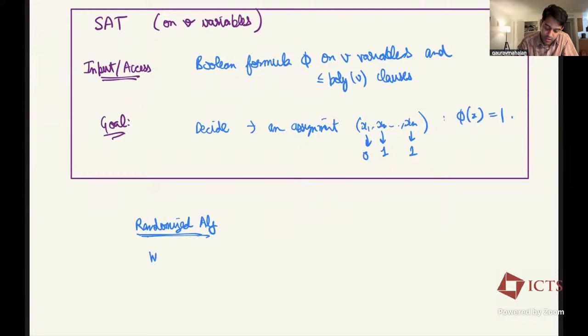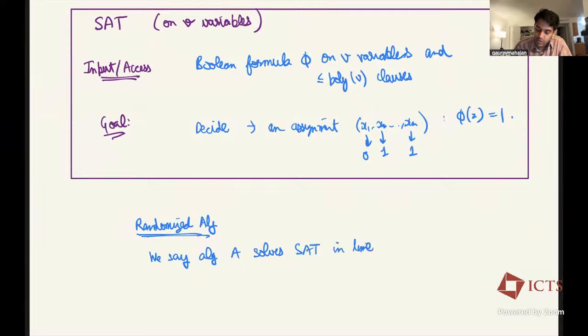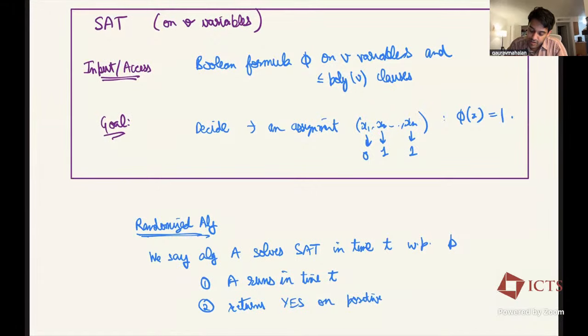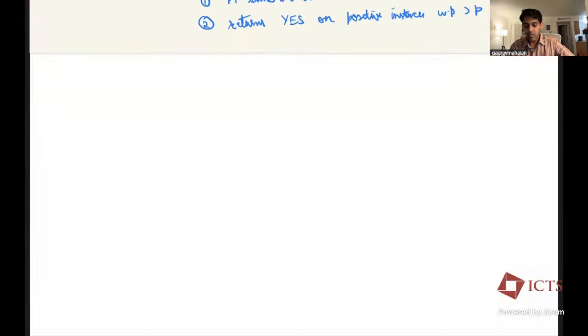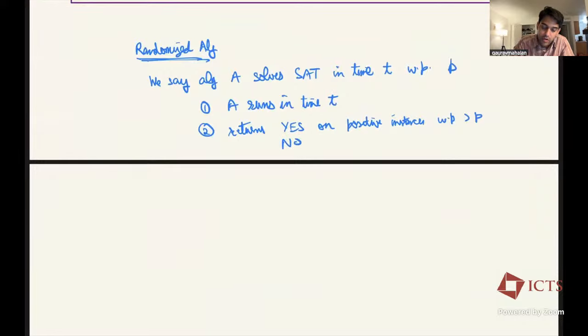We say an algorithm A solves SAT in time t with probability p if A runs in time t and returns yes on positive instances, positive as in you can solve SAT, with probability greater than p, and no on negative instances with probability 1.